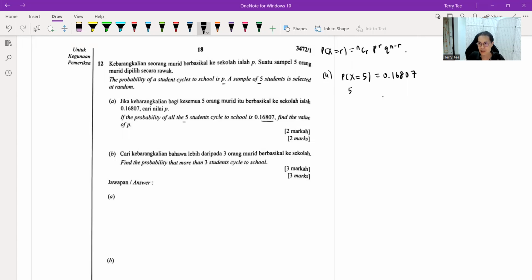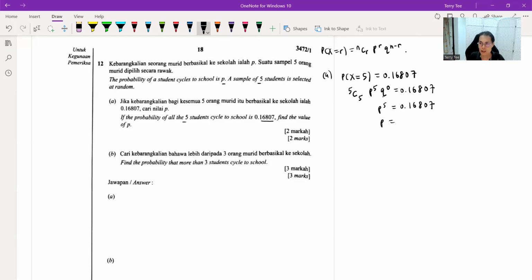My n is 5, all 5 of them cycle to school. My p is unknown, power 5. My q is also unknown, with power 5 minus 5, you get 0. Now 5C5 is 1, q power 0 is 1, so you're left with p power 5, which equals 0.16807.